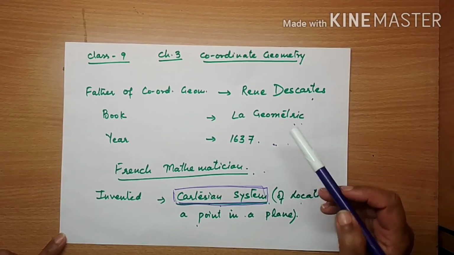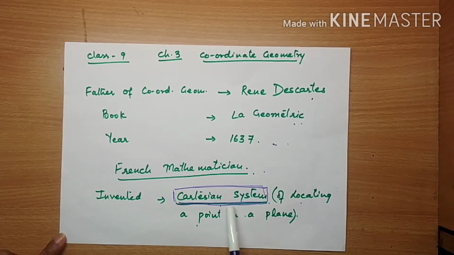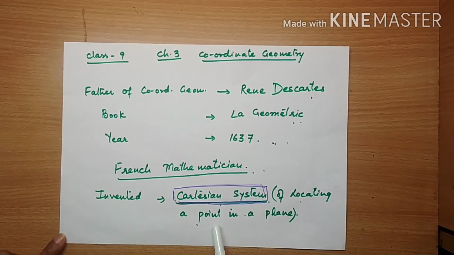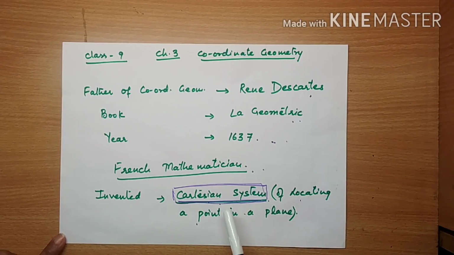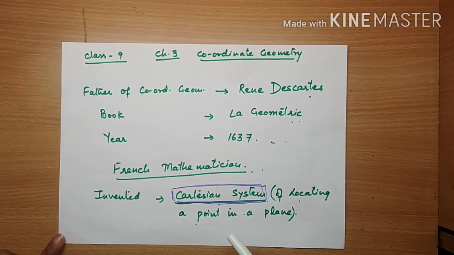In his honor only, the system of locating the position of a point in a plane is named as Cartesian system. Descartes invented the idea of placing two perpendicular lines in a plane, and he got this idea from latitudes and longitudes. Students, we all know every location on earth is defined using latitude and longitude.